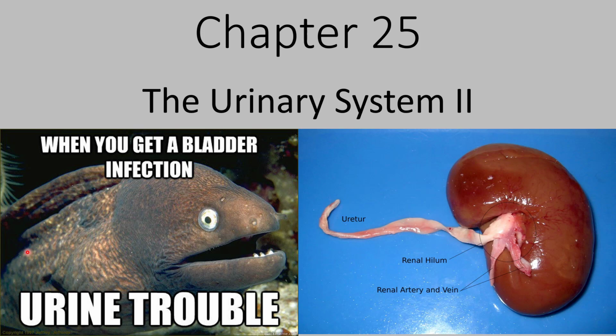Now, also at the end of this chapter, we are not going to cover any of that. What we are covering is how do the kidneys work. Once we get to the part that urine is formed and leaves the kidney to travel to the bladder, we leave off at that point.